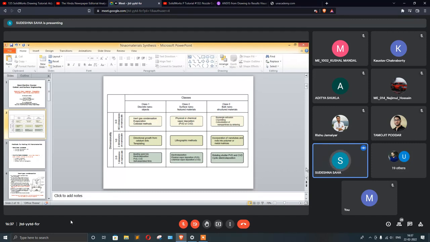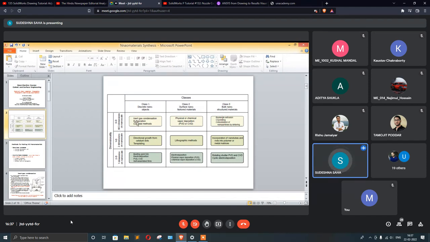If you look at these different classes, you have the discrete nano objects, then surface nano-featured materials, which is class 2, and class 3, which is termed bulk nanostructured materials.